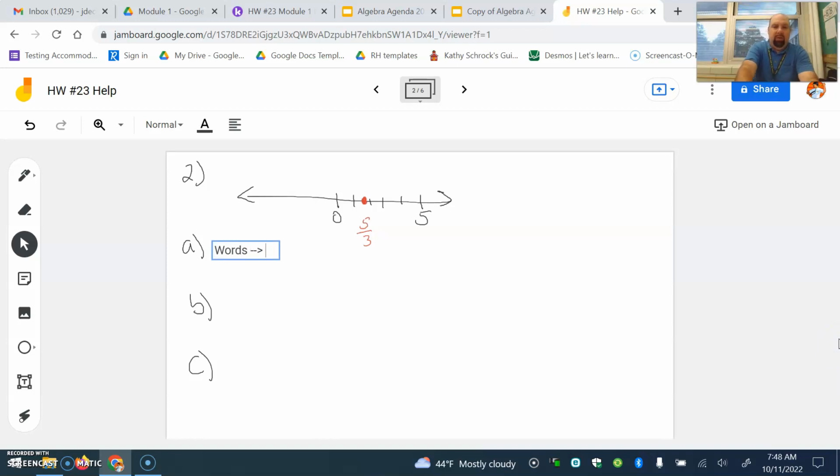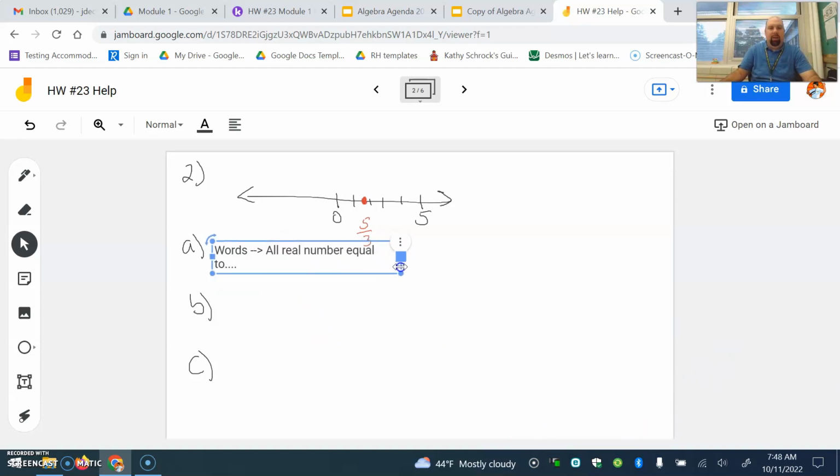In words, all real numbers equal to 5/3, or 1 2/3.